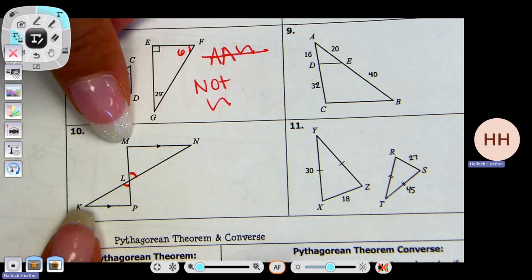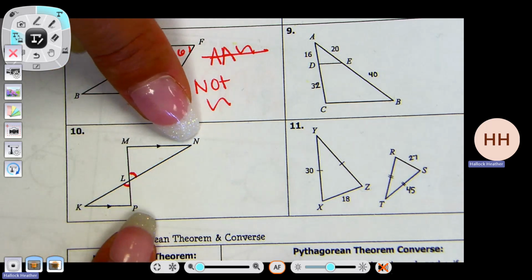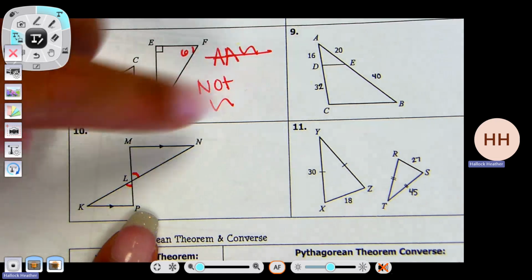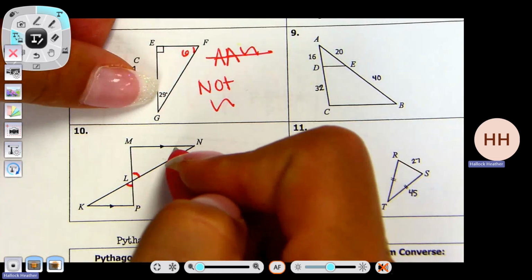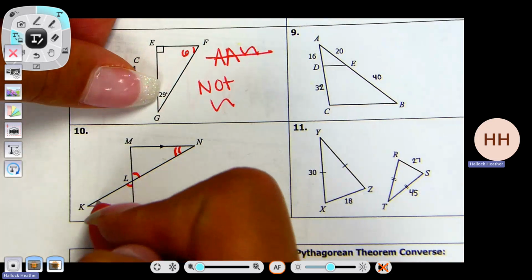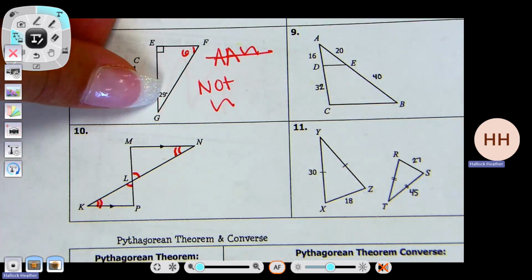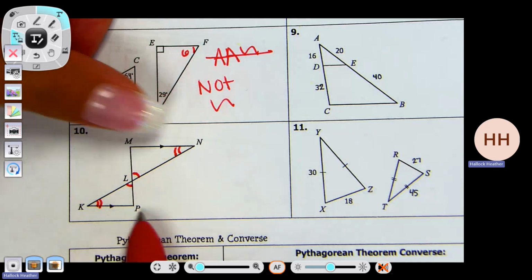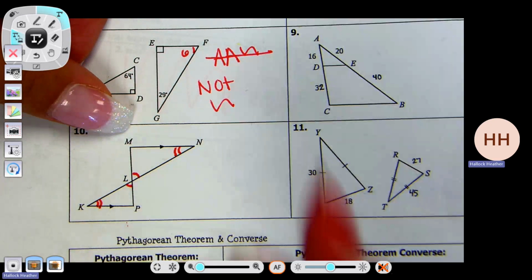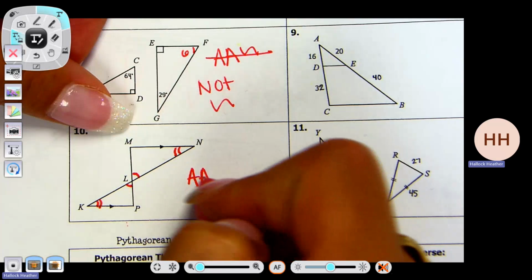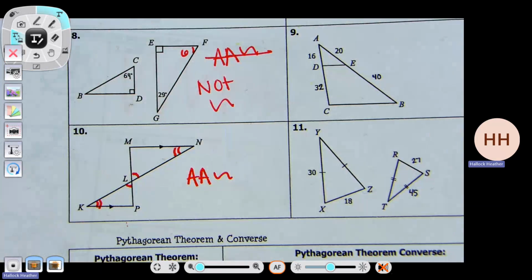So that means that these two lines will never cross. So this involves parallel lines cut by a transversal. If this one's my transversal, you could technically say N is congruent to K because of alternate interior angles. It jumps across the transversal. So what theorem would this have to be? Angle, angle. There are no sides, so you cannot use sides at all. Sides would have to give you a length.